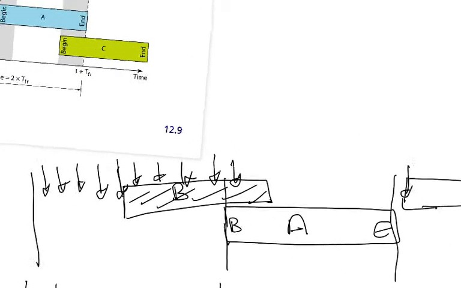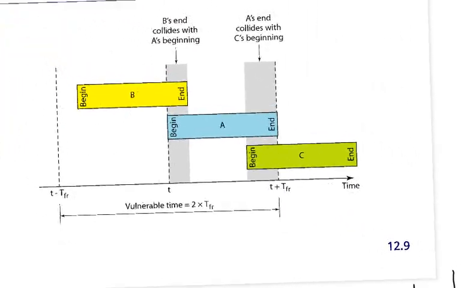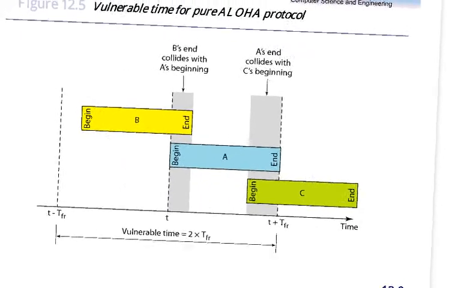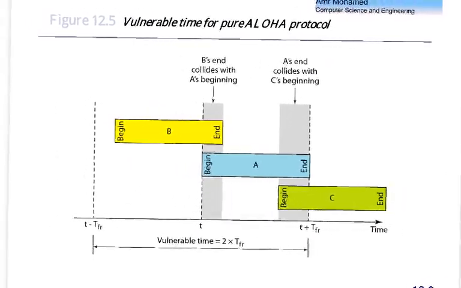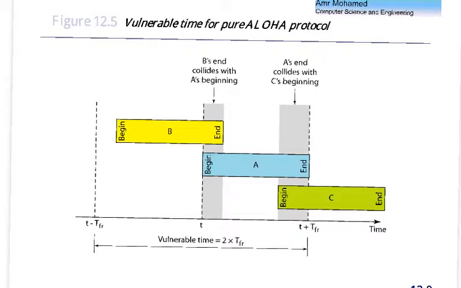So the vulnerable time is a very important parameter, which in the case of pure Aloha is double the transmission time. That is a very important rule that we need to keep in mind.